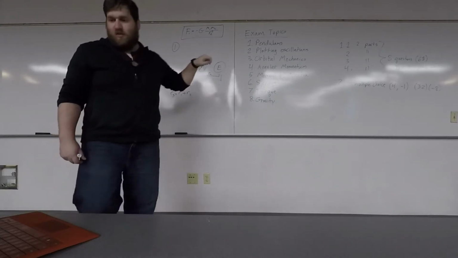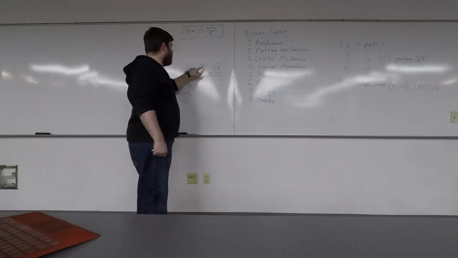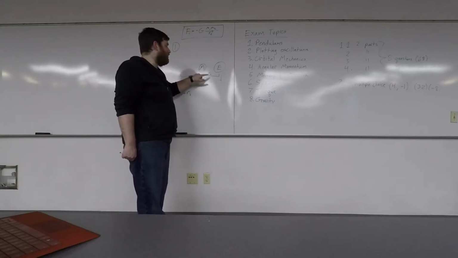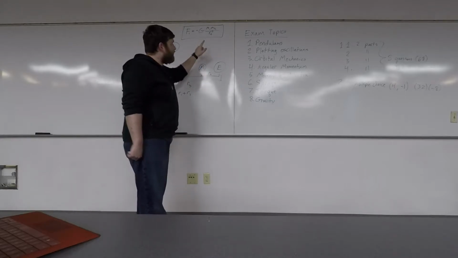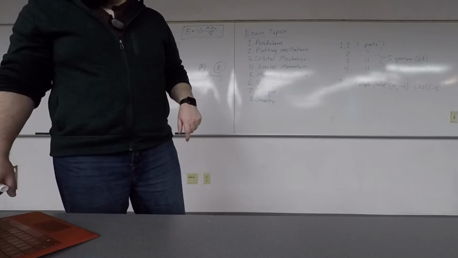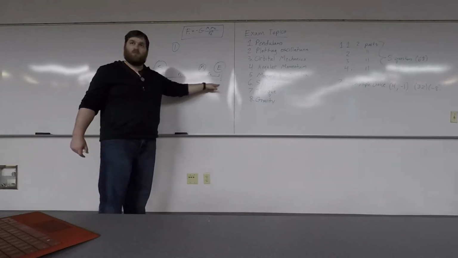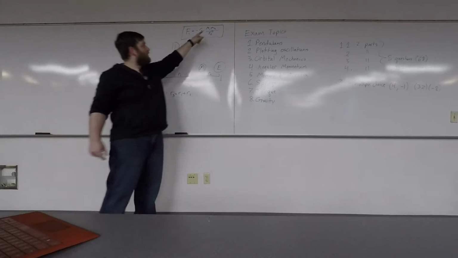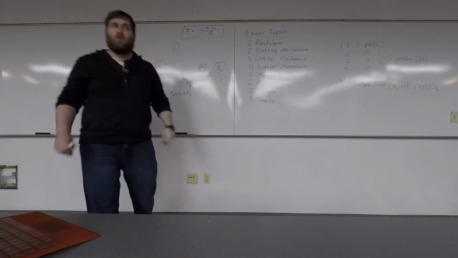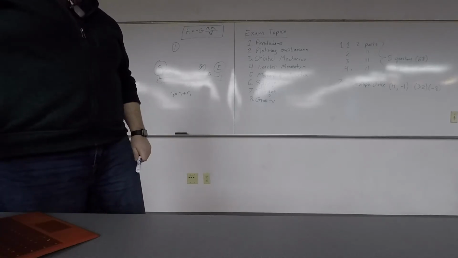Then the next one, what force is exerted by the Earth on the Moon? Use R2, masses of the Earth and the Moon. What force is exerted by the Sun on the Earth? R3. Mass 1, Earth, mass 2, Sun. Any questions? That's part A, B, and C.